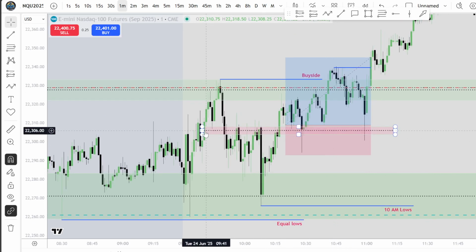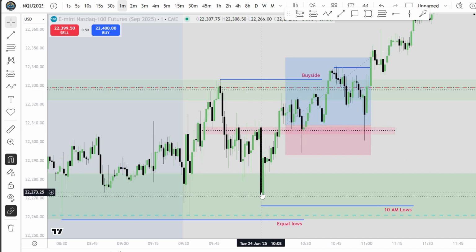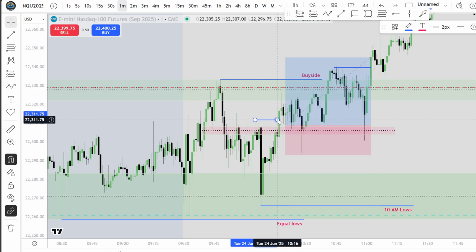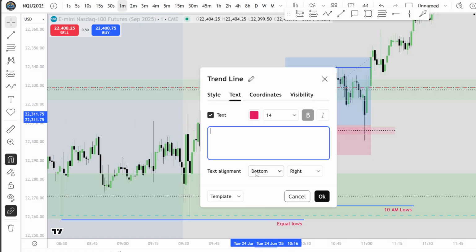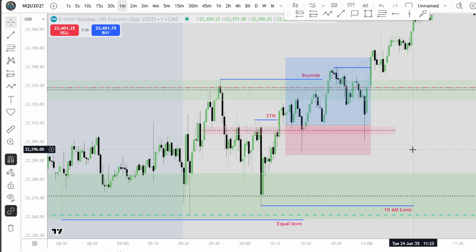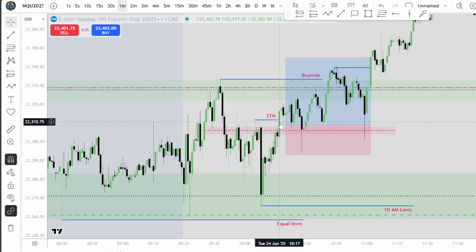Here we can see the first percent fair value gap that was used for more downside here. It pushed price down to the 50-minute fair value gap CE. Then it broke this short-term high and left us with a fair value gap. That's a possible silver bullet trade.